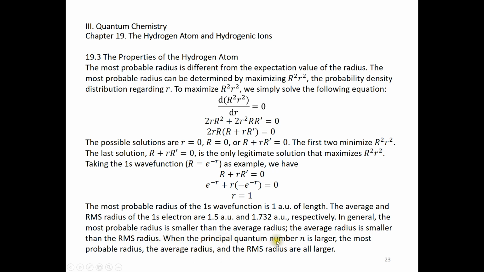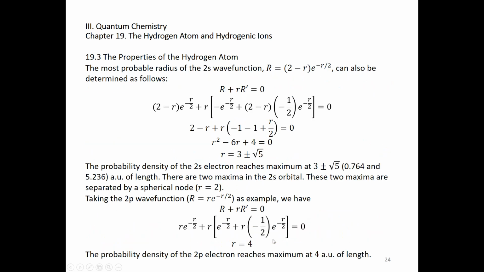And when the principal quantum number n is larger, all those three radii, the most probable radius, the average radius, and the root mean squared radius, are all larger. The electron is further away from the nucleus when the principal quantum number is larger. Again, we can just calculate the most probable radius given the wave function.